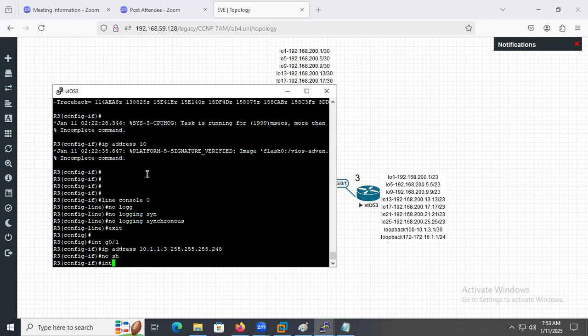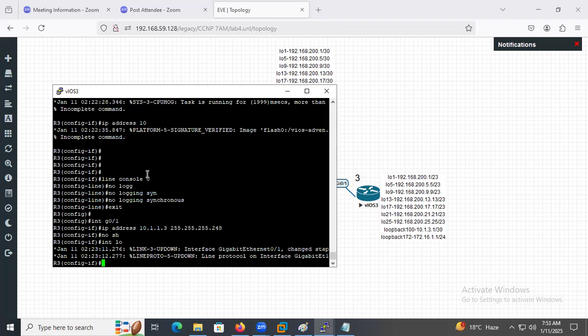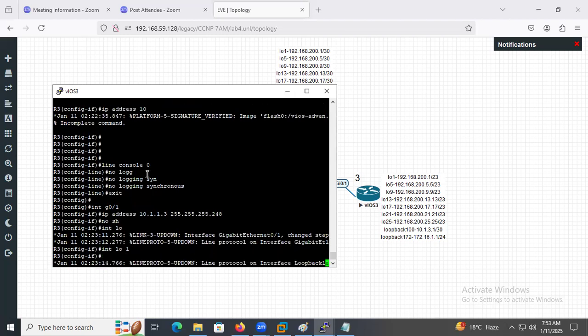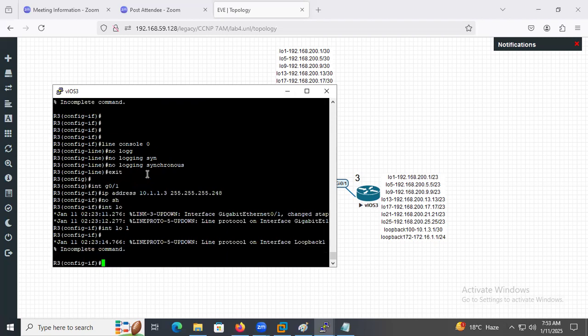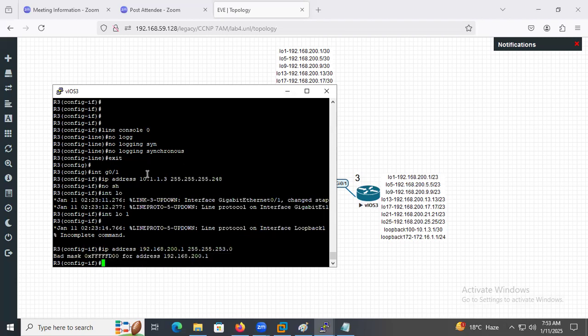So we have 1 more minute. Interface loopback 1, IP address is 192.168.200.1, 255.255.254.0.